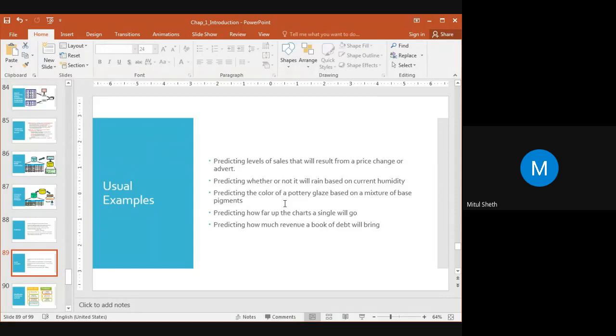Okay, whenever a car is launched in the market, I'm taking only one sector as an example, the automobile sector. Likewise, whichever product is launched, they are comparing its price with other products, comparing different parameters, and they can predict the price for the particular product. A product can be a car, a bike, or a mobile phone.